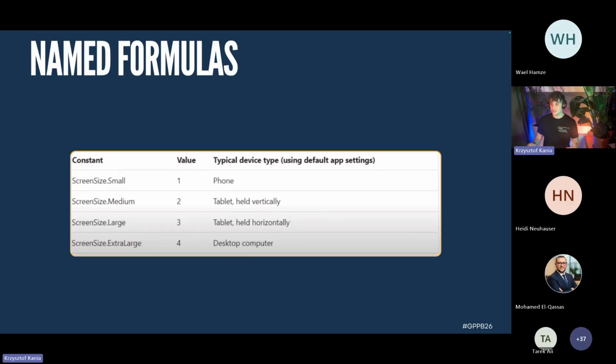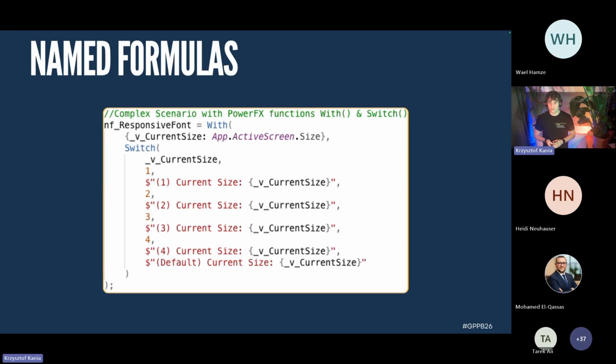And how do I, for example, use named formulas? This will be a real use case from the development world. In our Canvas apps, we can analyze the size of the current device by breakpoints. So here is a table of the definition from Microsoft documentation.